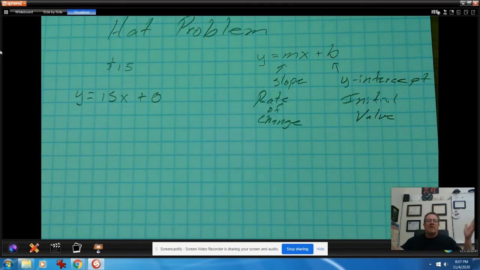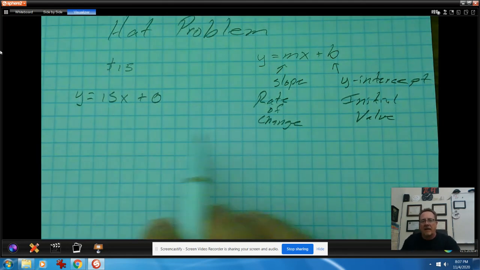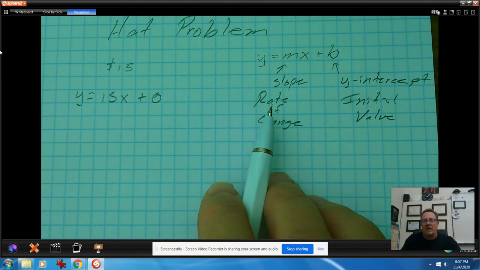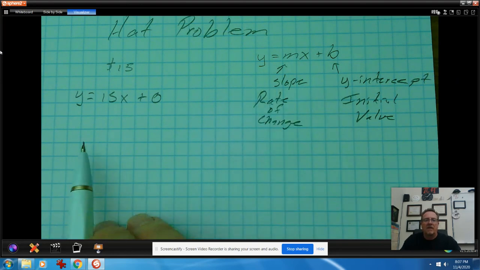My initial value is nothing. I don't have to pay anything up front or initially. I'm just paying $15 for each hat. That is my rate of change. That's the rate they're going to charge me for each hat. In y equals mx plus b form, this is y is equal to 15x plus nothing.